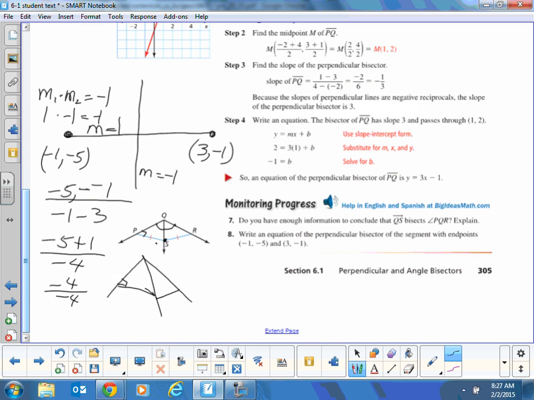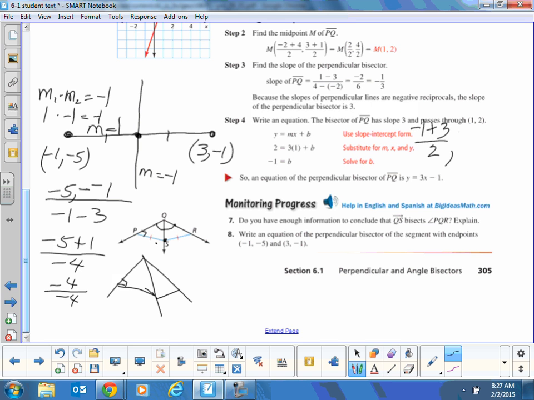Now we need it to be a perpendicular bisector, meaning it has to cut this into two equal parts. So we have to find the midpoint. So what is the midpoint? Somebody help me write. -1 plus 3 over 2. Good.